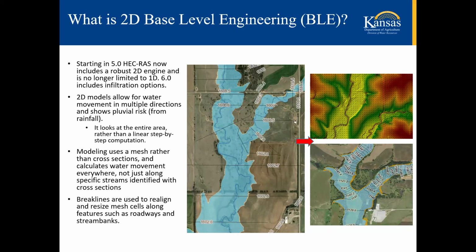And so it's a mesh rather than cross sections. So it's not just along a specified stream. And then you can see that kind of in the top right, how it shows more detail. It's going to show more movement throughout the system. And then we have break lines that are used to realign and resize mesh cells along features such as roadways and stream banks.